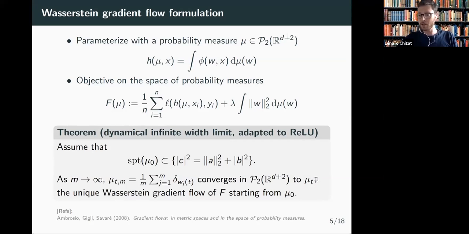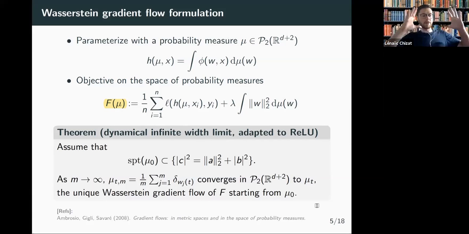In fact, this dynamic that we obtain in the limit can be characterized as a gradient flow of this objective function F, but by taking a very specific metric in the space of probability distributions, which is the Wasserstein metric. This connects our dynamic to a well-established theory of Wasserstein gradient flows, from which we can deduce existence, uniqueness results, and also some stability results. So this is the first step.